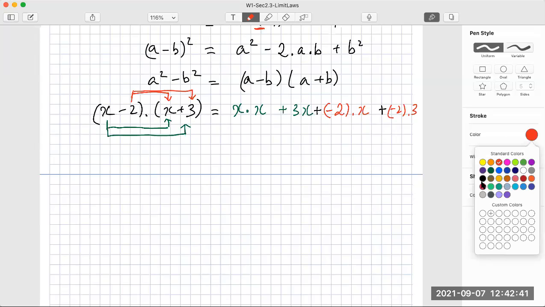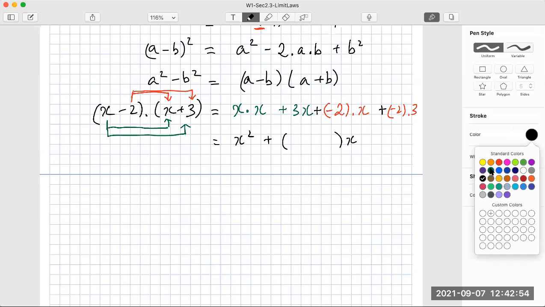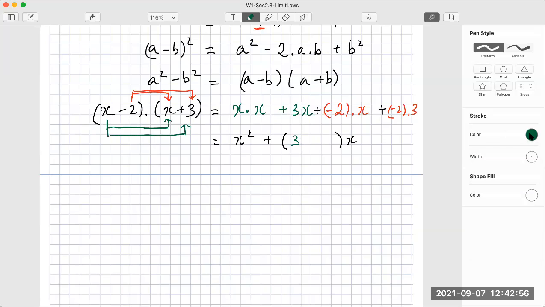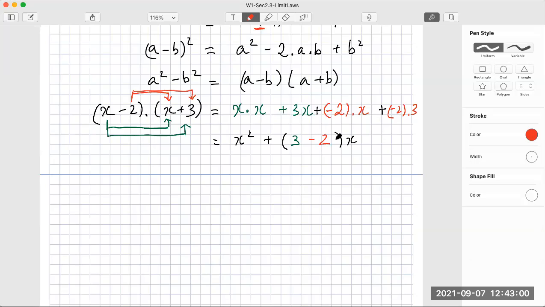So let us simplify it here. It will be x squared plus x. Very good. But let me write it this way: 3 and 2, subtract 2 here, right? Good job.